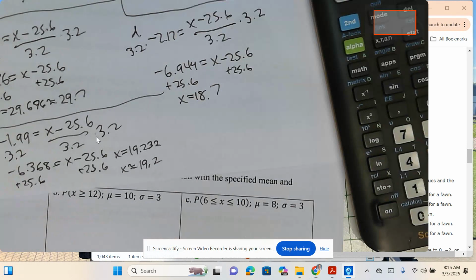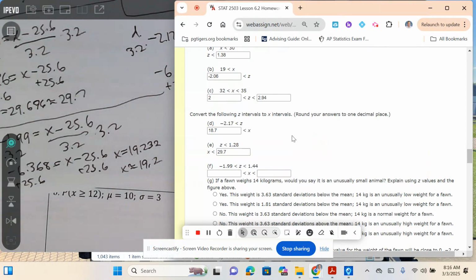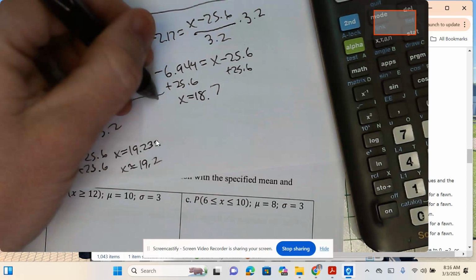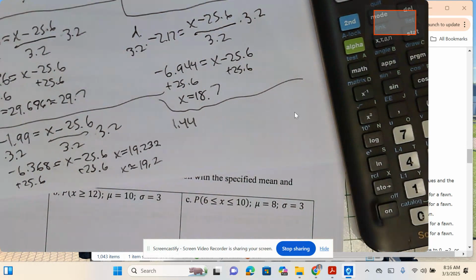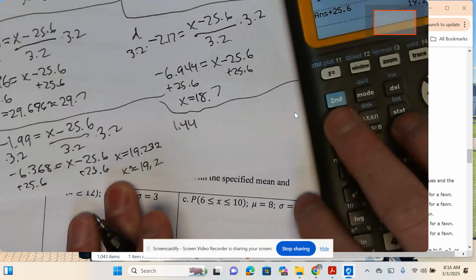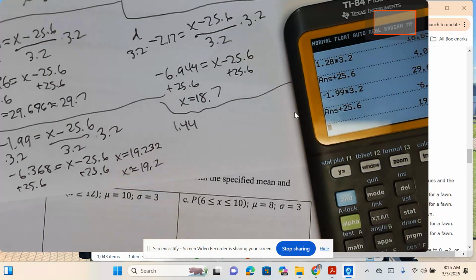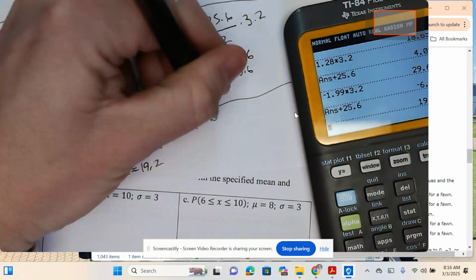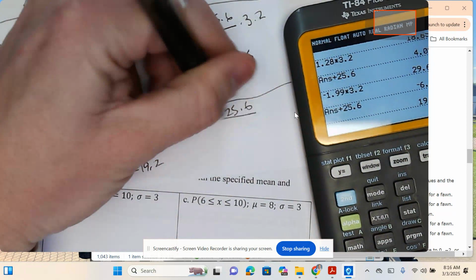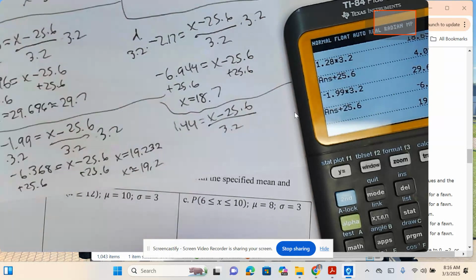I should probably go, well, let me go to 1.44. I'm going to go full screen here so you could see both. So my other Z was 1.44. So I'll do that equal to X minus the mean divided by the standard deviation. I'll multiply by the standard deviation.